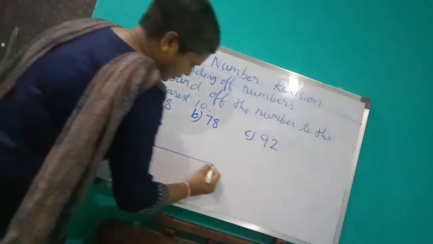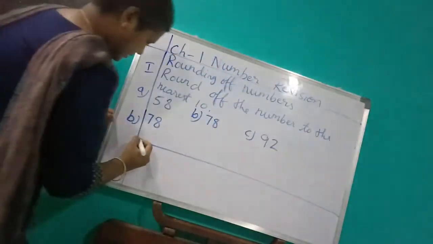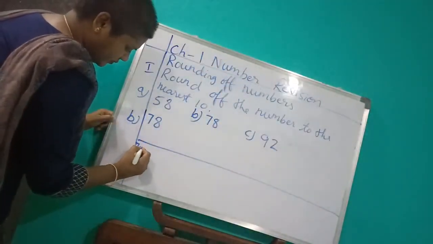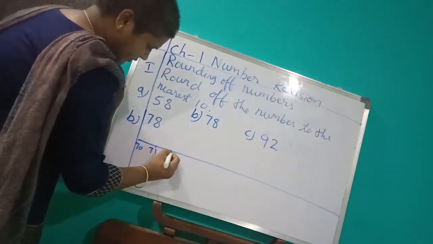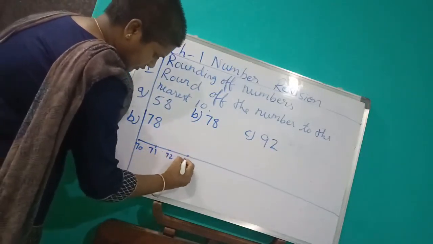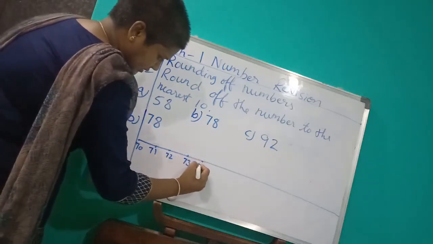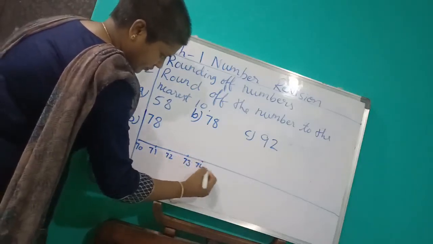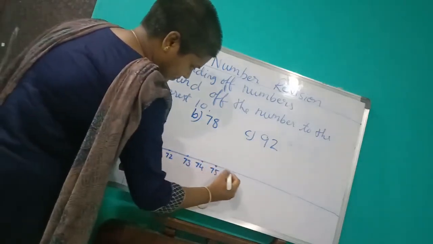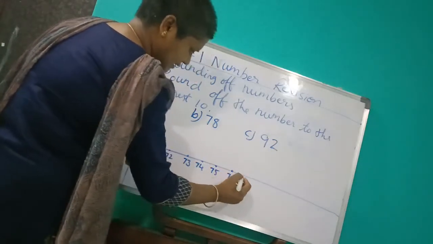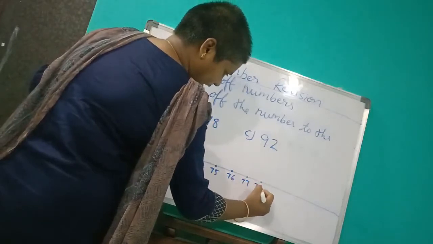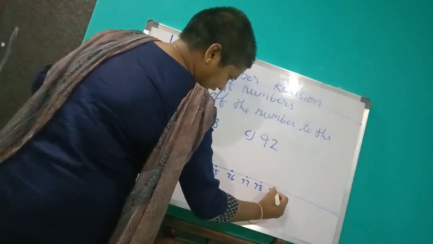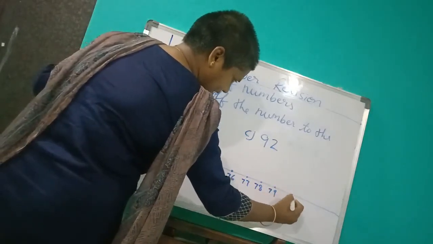What you have to do? You should draw the number line 70 to 80. 71, 72, 73, 74, 75, 76, 77, 78, 79, 80.